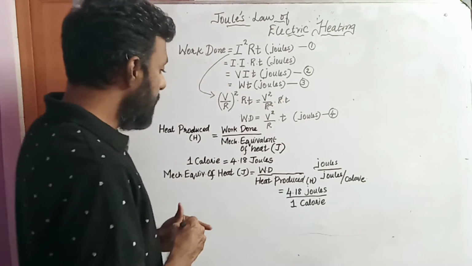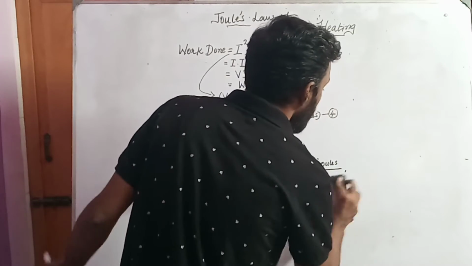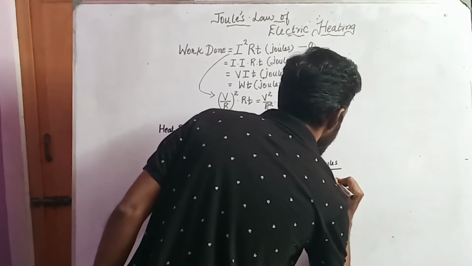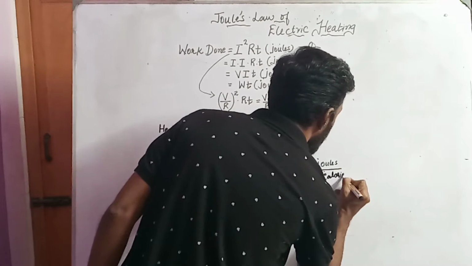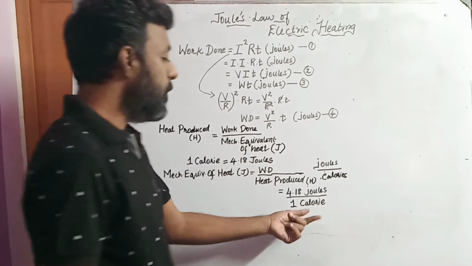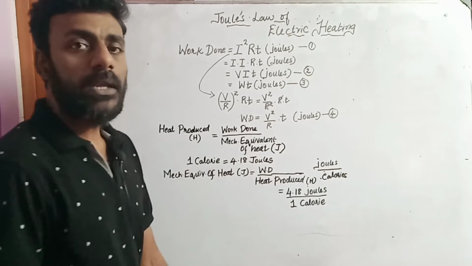So this will be in calories: 4.18 joules divided by 1 calorie. Now I want this 1 calorie to be expressed in kilocalories.